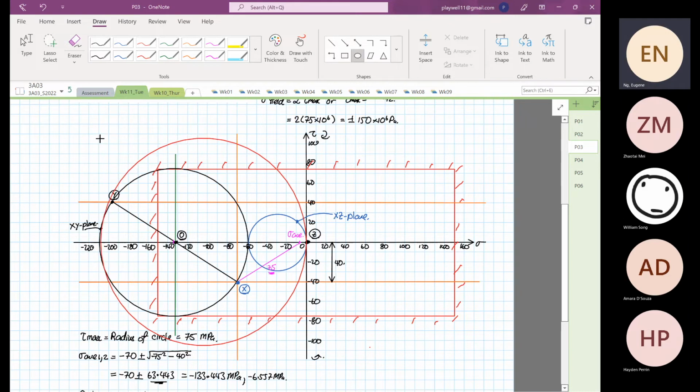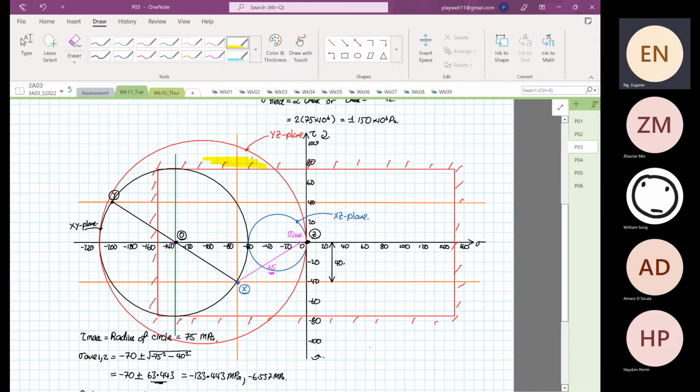Okay, and this is the other circle. And this circle that I've just drawn belongs to your YZ plane. And if you look at this, I'm going to shade in yellow highlight.